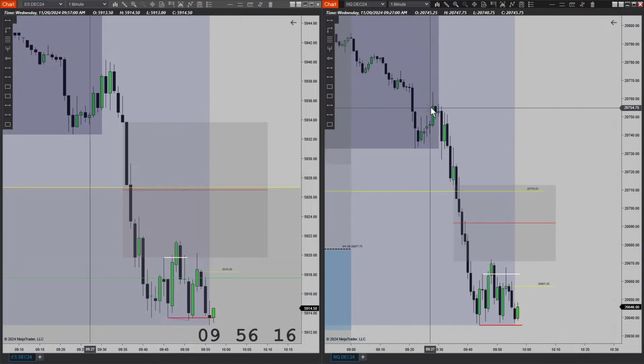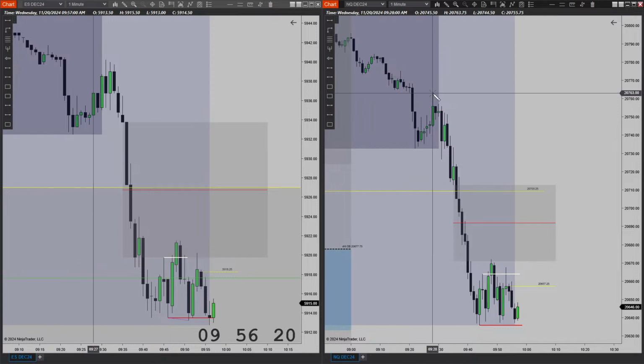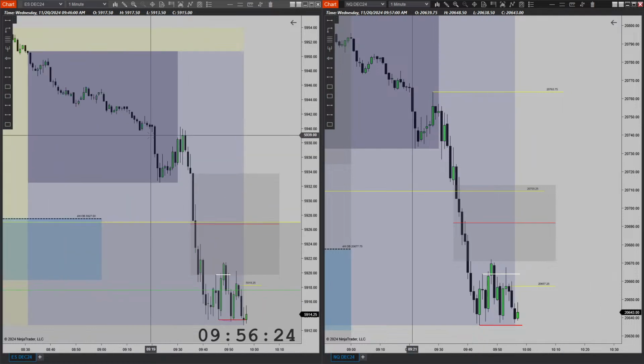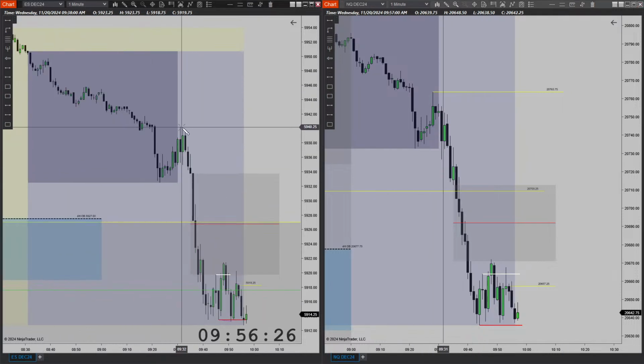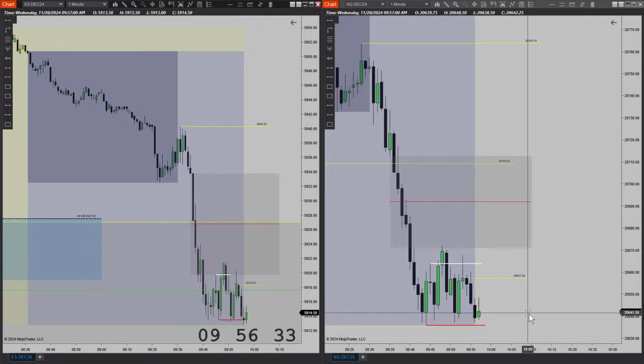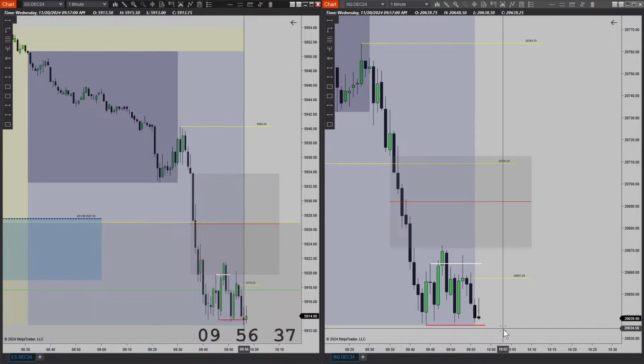And if I get long, my first draw on liquidity will be up here. Same thing here. And the further price draws lower, I just don't like how time is setting up.